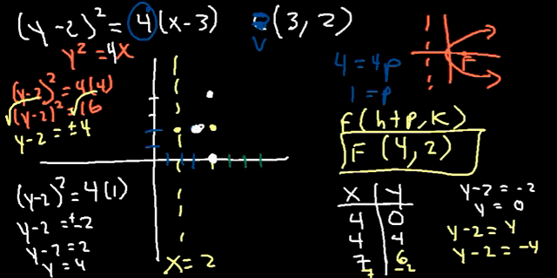So we need to go to 7, and at 7 it's going to go up to 6, which is over here, and it's going to go down to negative 2. So that's enough points to get a rough sketch for this graph. And that's how it looks like.